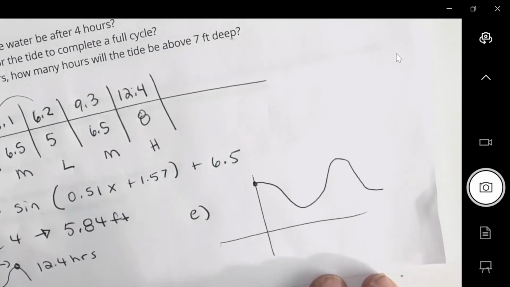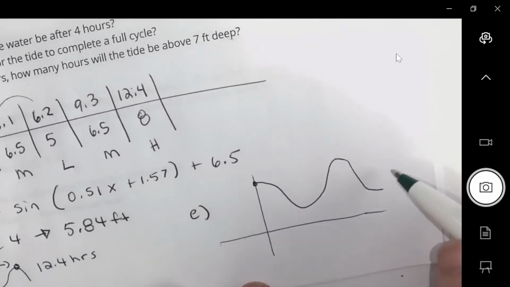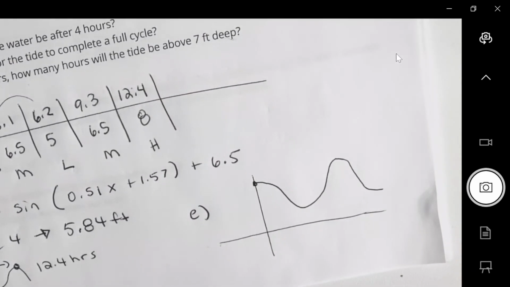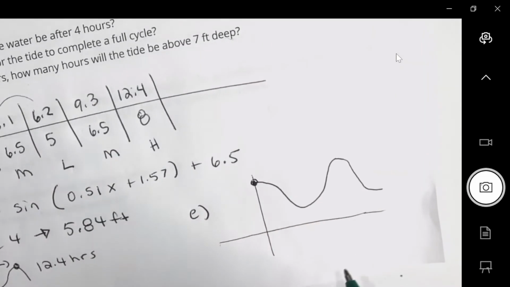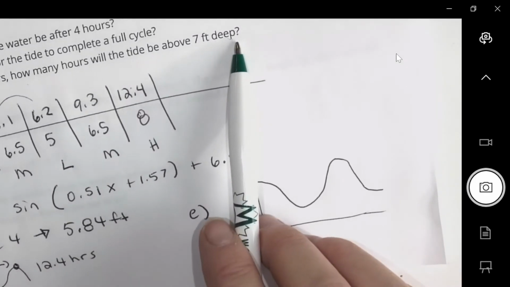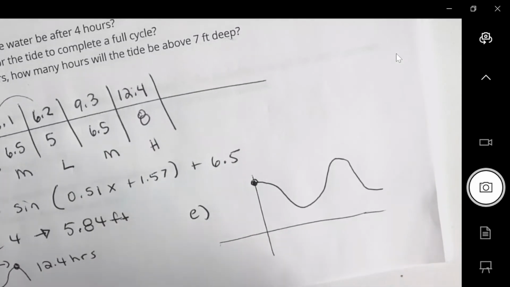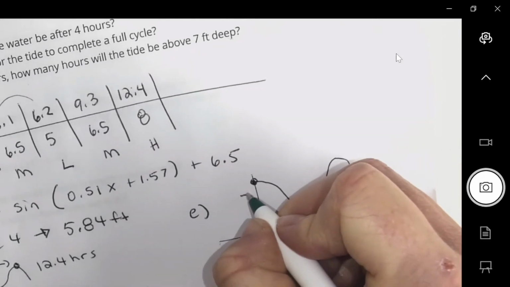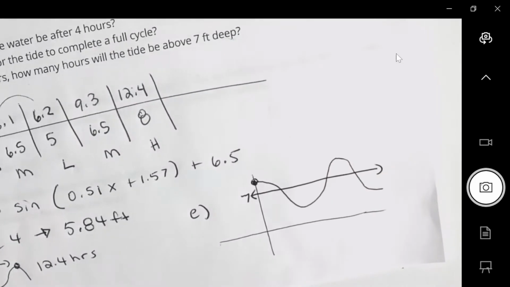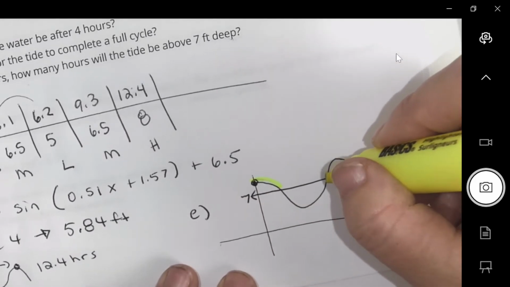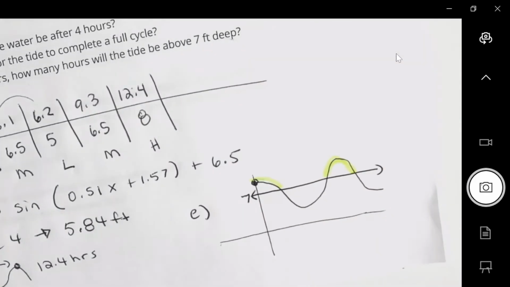Okay, so that's what I see in my window when I went up to 20, because it says during the first 18 hours. So I need to make sure 18 hours are showing. So I have 2 tide that go up and down like that. So I want to be above 7 feet deep. I want to be above that. So this is the tides that are above that.